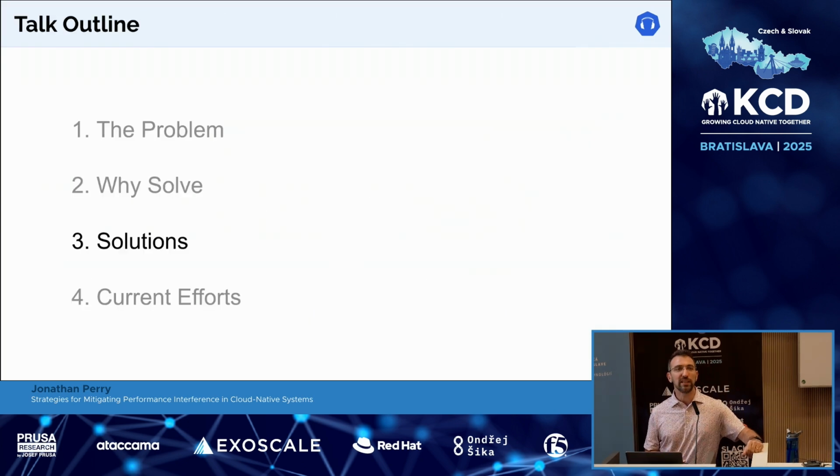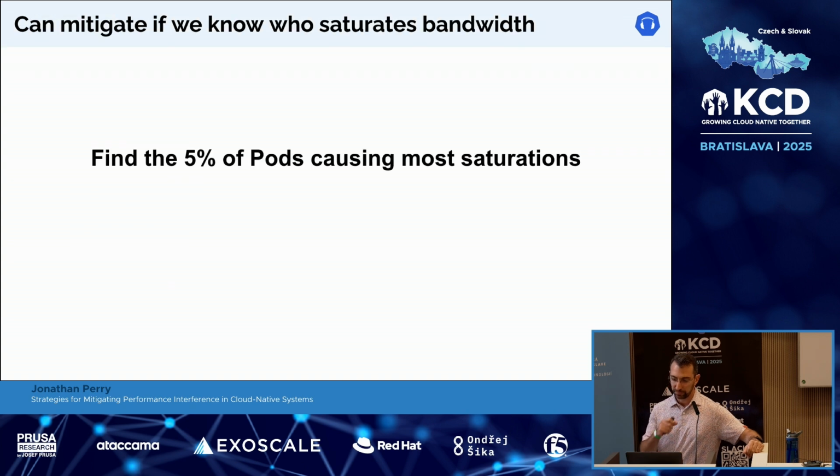All right, so what can we do about it? If we only had observability into what pods are doing, which one is contributing to the high memory bandwidth events, then there's a lot we can already do just by having the observability, because it focuses our effort and tells us exactly which pods need work.